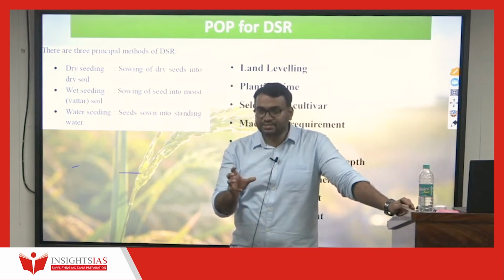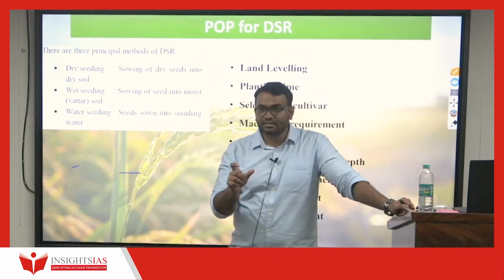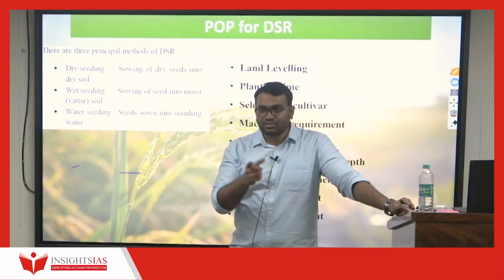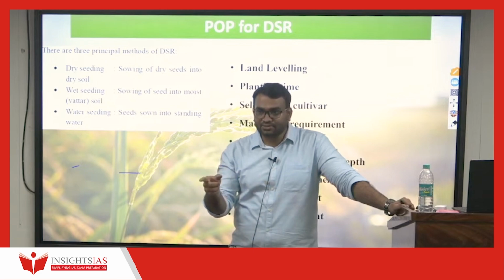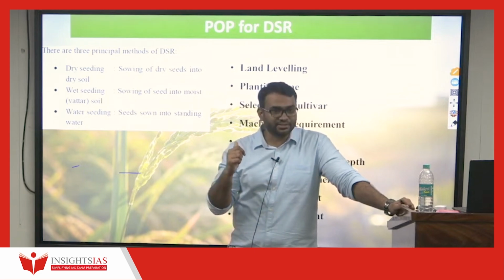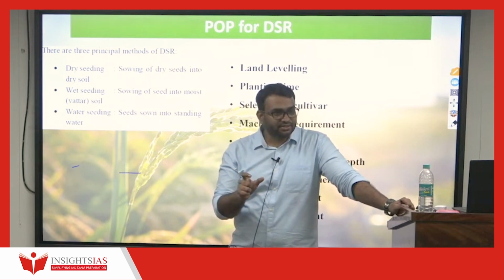So what are the exact differences? In the traditional method, we are going for a nursery. Here also we are going for a nursery. So what is the difference? Age of seedlings, correct? In the traditional method, we are taking 25 to 30 days old seedlings. Here we are taking 15 days old seedlings. So what is the advantage?